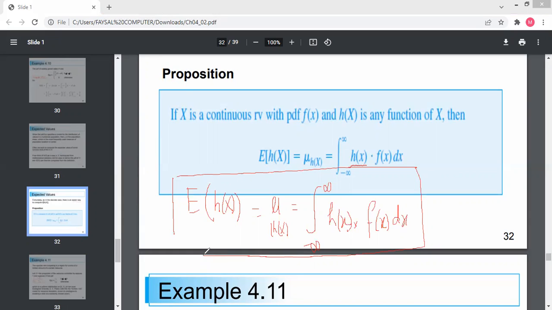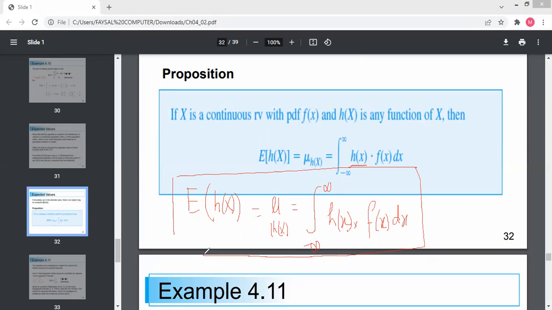This is why I use this formula when I have two functions. So by taking the integral of h of x times f of x, with upper limit infinity and lower limit negative infinity, I find the value.